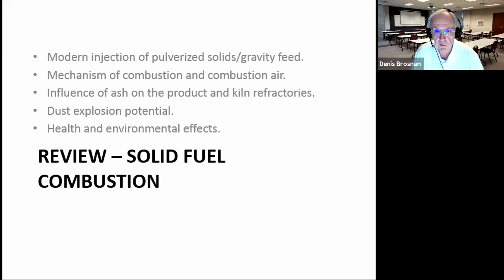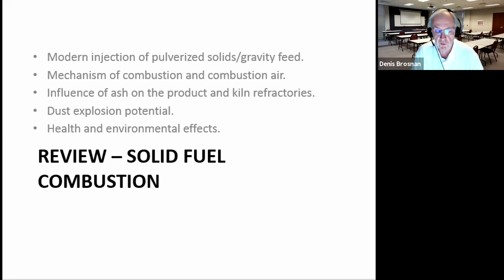And of course, because of the ash, we typically can't make glazed products in solid fuel fired kilns. A lot of people consider solid fuels to be dirty fuels, because of the ash, the fly ash that can result from combustion that can be conveyed out into the atmosphere, hopefully captured in a dust collector.